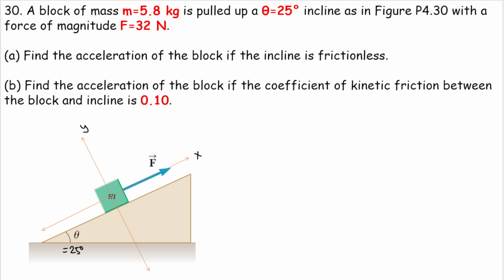And here we will obviously have the weight of the block, right? So we will have Fw here, and this angle here is also θ. Consequently, this component in the y-axis is the projection of Fw, which is the adjacent side over the hypotenuse, so I will have Fw cosine of θ.